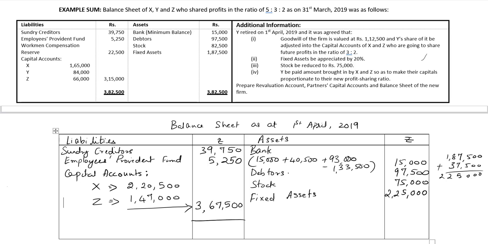All the items are done. We'll check if the balance sheet tallies. The liability side totals to 4,12,500.